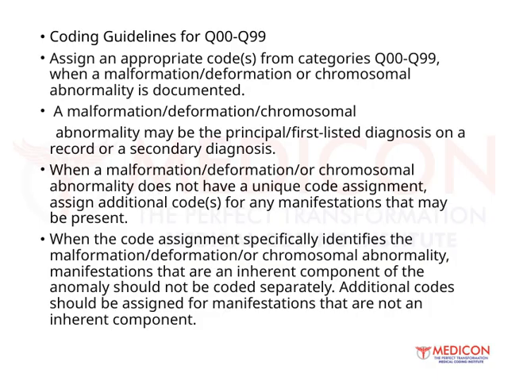But if there are manifestations that aren't inherent or are separate from the anomaly, then you should assign additional codes for those. Connecting this to our overall theme, these guidelines help ensure we're accurately capturing complex congenital conditions and their manifestations, which is crucial for proper patient care, research, and reporting.